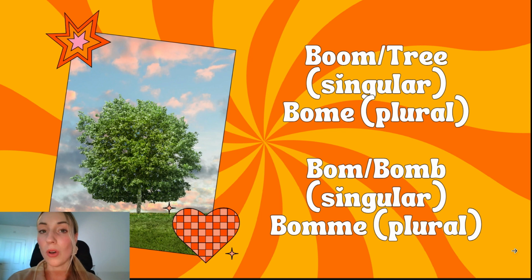Then, if we move on to the bottom two words, we have bom. Now this is in English a bomb, and that is the singular. But then the plural, which has two M's, you say bomme. So the top one, boom, bome, and the bottom one, bom, bomme.